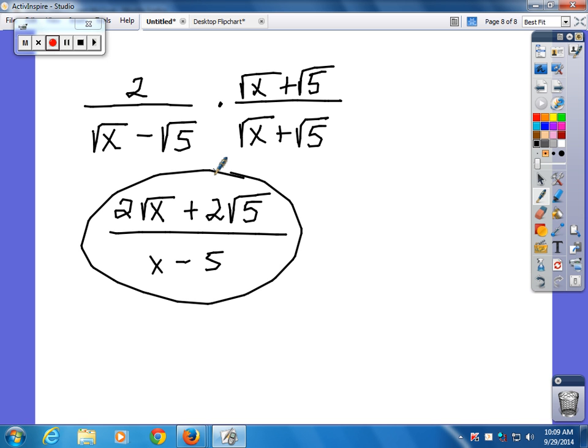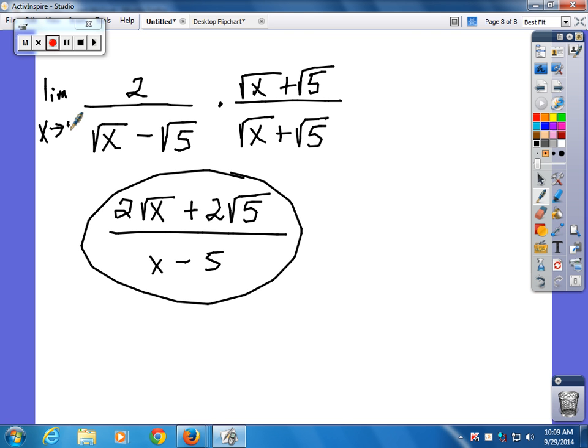Now, there will be times that they will ask you to rationalize the numerator. And especially in that first unit of calc when they're trying to get you to simplify the limit. They'll give you something like this right here. And they'll say the limit as x approaches 5.